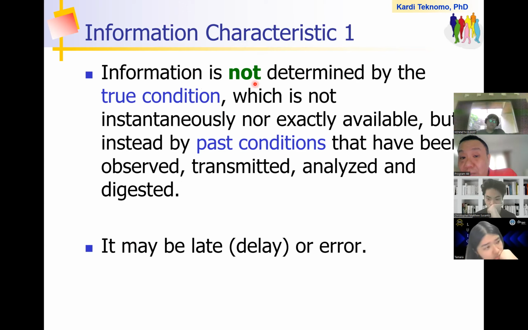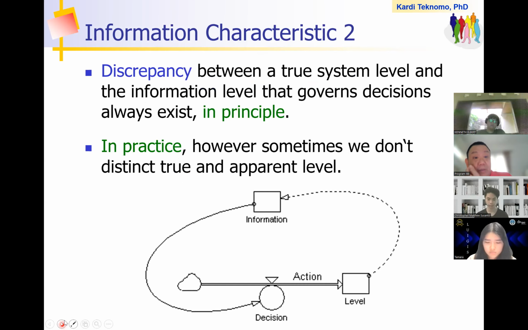Information is not determined by the current condition, the true condition, but is actually based on the past condition. There is a delay between the true value and the actual information. So a discrepancy between the true value and the information always exists in principle.